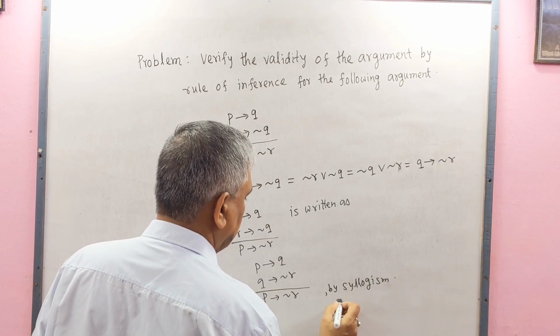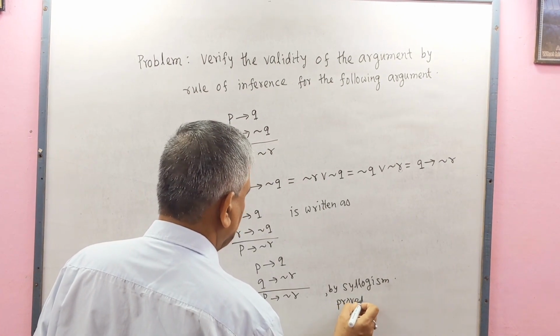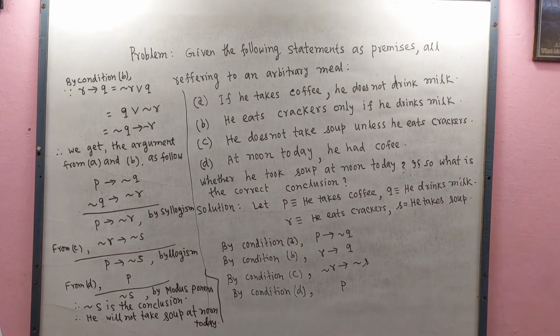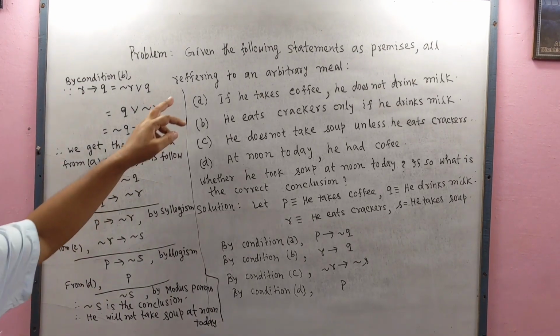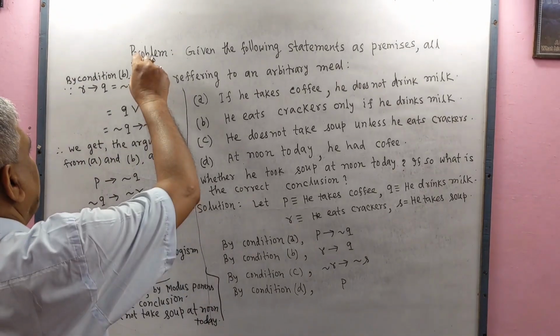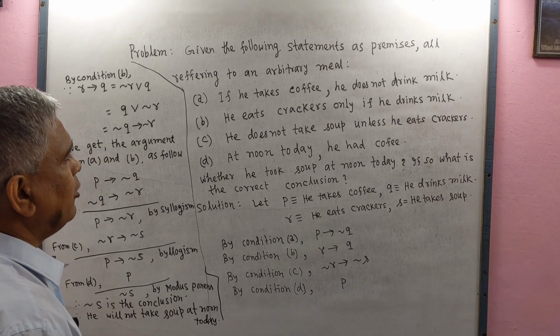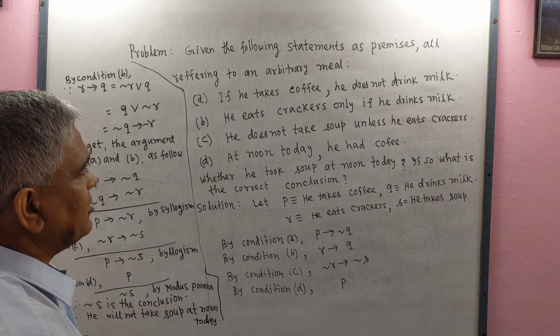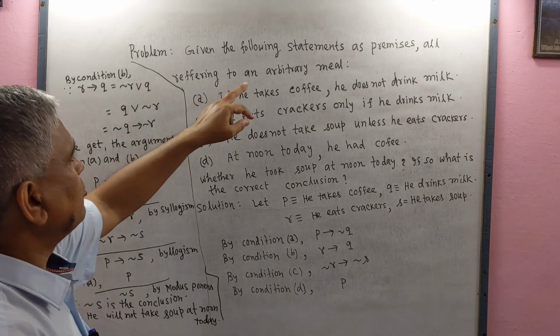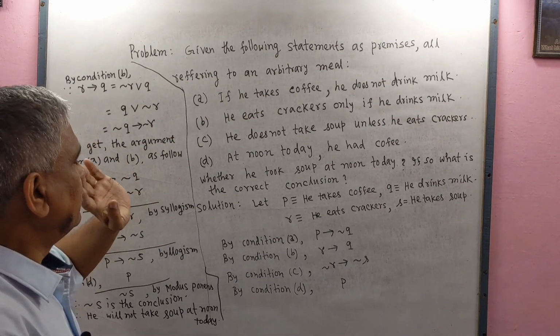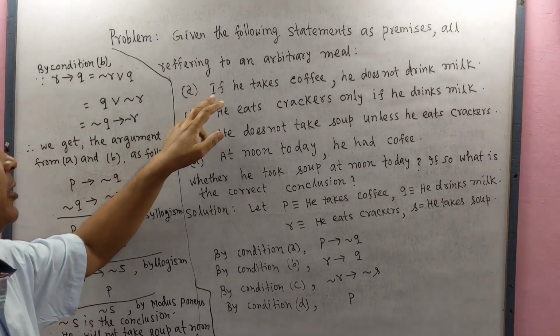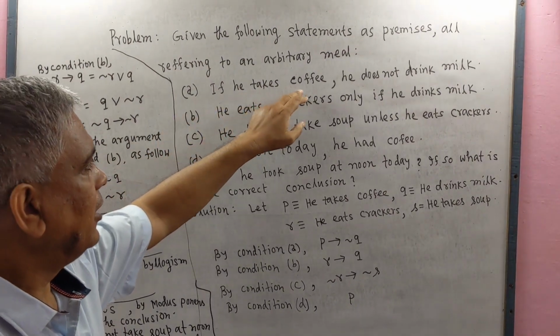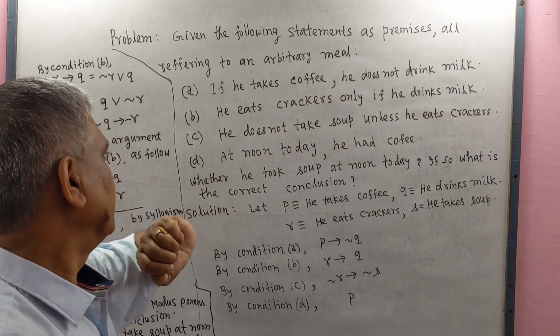Proved. Now we solve a problem. Given the following statements as premises, all referring to an arbitrary meal. Number A, if he takes coffee, he does not drink milk.